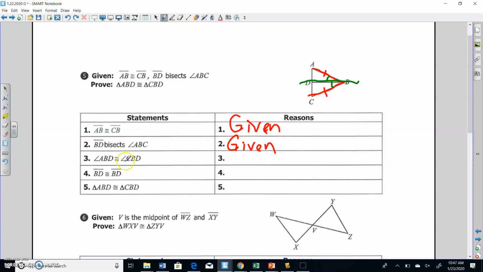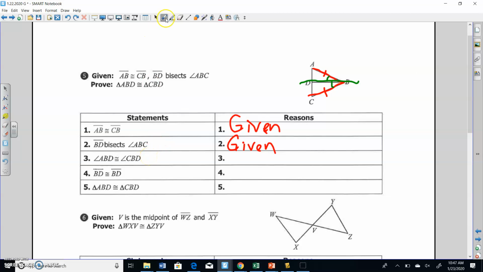And that's what we have here. We have that angle ABD is congruent to angle CBD. How did we get that? How did we find that out? It's telling us in our given that angle ABC is being bisected by that segment. Number 2 is given. But from number 2, we can conclude that on 3, those 2 angles are congruent.